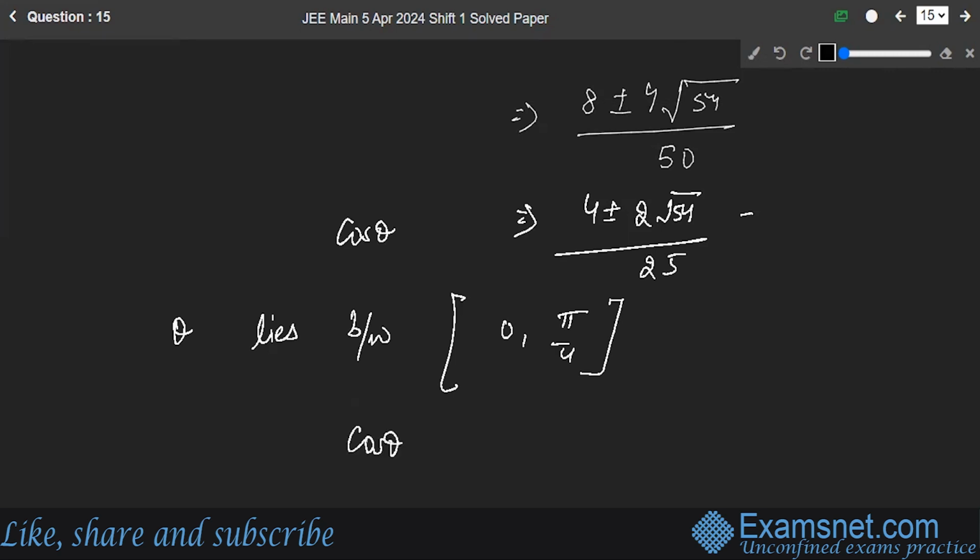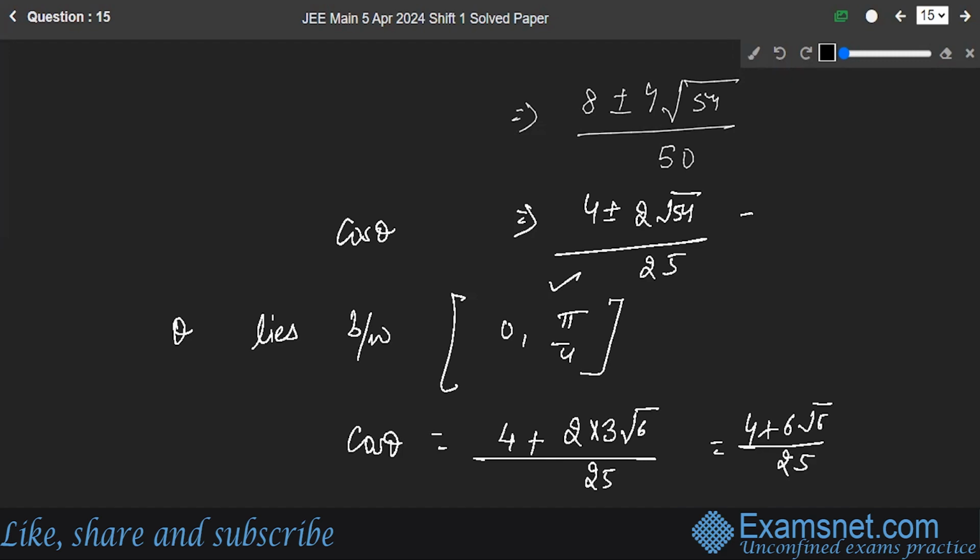So cos theta will have a positive value because it is lying in the first quadrant. In the first quadrant, it is positive, so it will give me 4 plus 2 root 54. 54 can be written as 9 into 6, right? So it will be 4 plus 6 root 6 divided by 25.